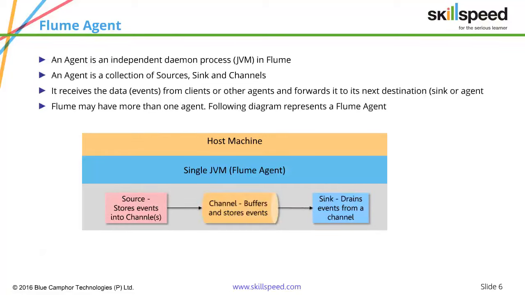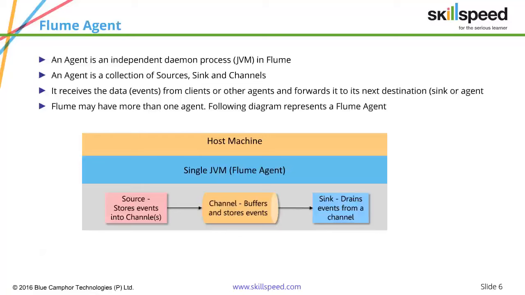Now the idea is that in a very complex Flume workflow environment, you will have more than one agent. So an agent can either take data directly from the source, in which case it will be sitting near the source, or it can take data from another agent, in which case it is in tier 2 or tier 3.